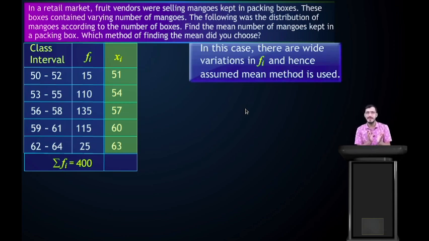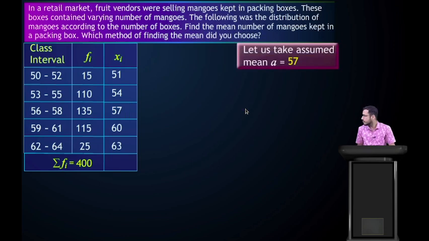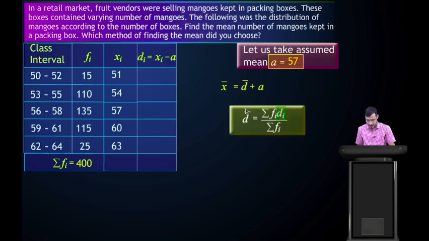In this case there are wide variations in f_i, and hence the assumed mean method is used. So let us take assumed mean a, that is 57, the mid value of the x_i column. Now, in the next column we find d, and d is equal to x_i minus a.